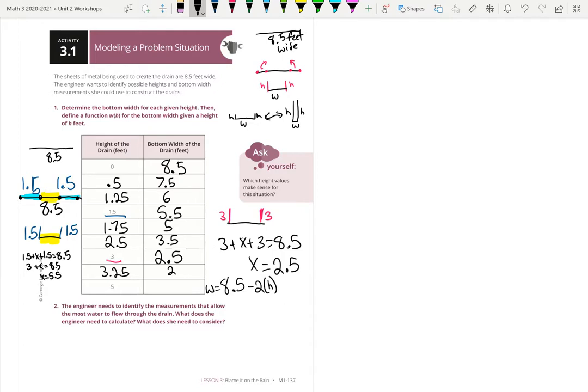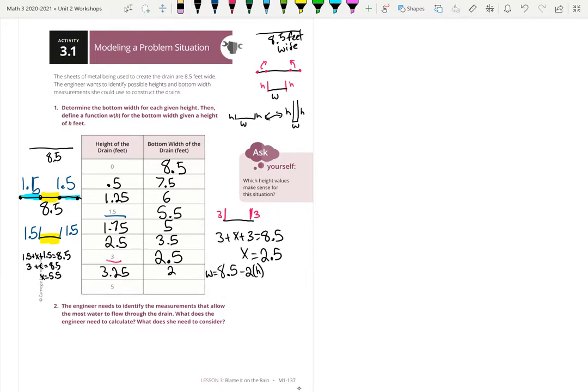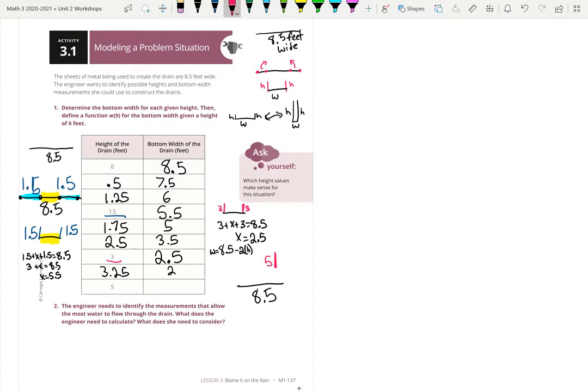What about this guy? I saved it last on purpose. What I want you to understand about this next one is it's easier to see what happens when I try to draw a picture for the situation. I'm trying to model it. So I have something that's 8.5, and I'm going to fold the sides to be 5 and 5. What is going to be left? But if I fold 5 and 5 make 10, that's going to be more than what we have.